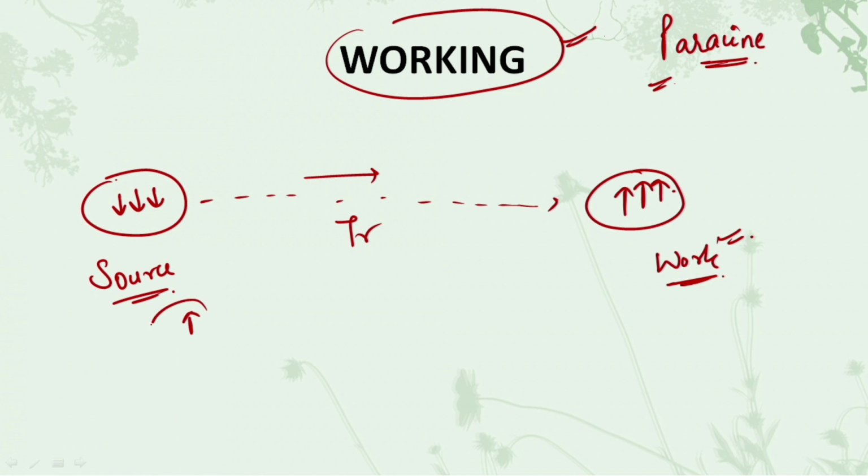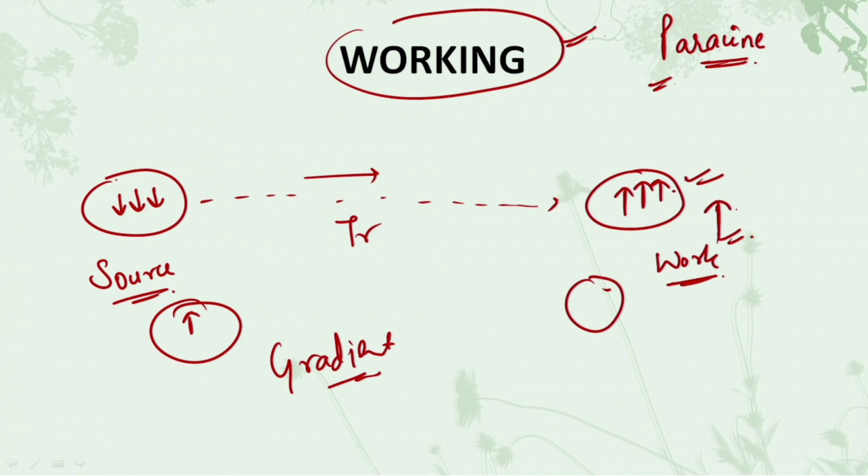Now there occurs a difference in the concentration, or the gradient gets formed in this area, and as a result, in the area in which there is high concentration, the working is done, and the final process of morphogenesis, or whatever work this particular morphogen is functioning for, is completed. So this was about the functioning.